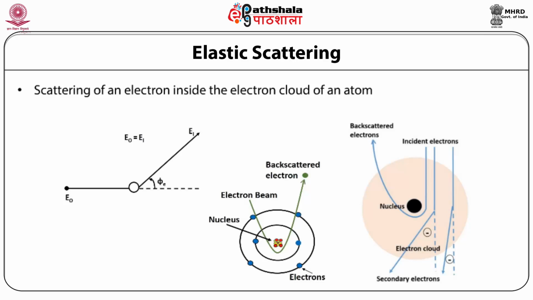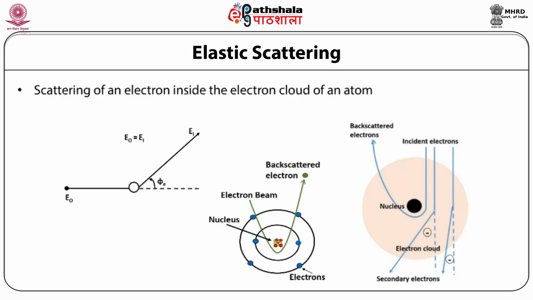The process in which the kinetic energy and velocity remain essentially constant is known as elastic scattering or electron backscattering. No energy transfer takes place from the electron to the sample, and as a result the electron leaves the sample exhibiting its original energy E0, that means E is equal to E0.